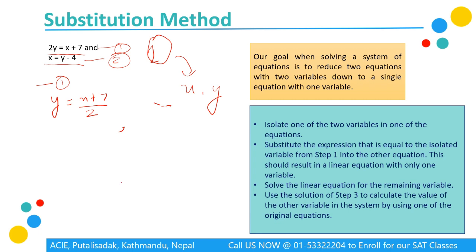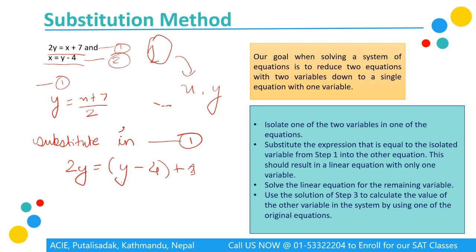So x is equals to y minus 4, that value of x we're going to substitute in equation 1. That is going to give us 2y is equals to y minus 4 plus 7, or 2y minus y, and we get y is equals to 3.